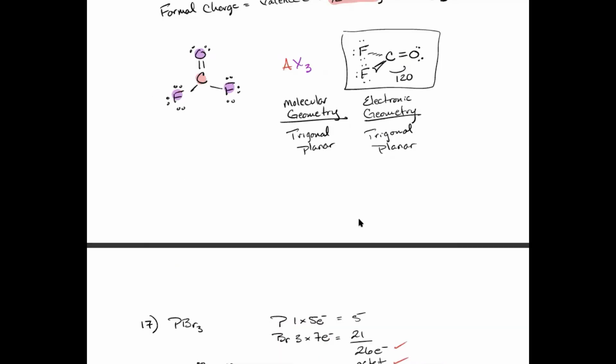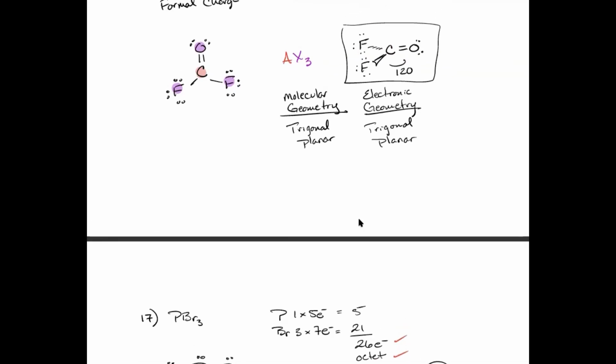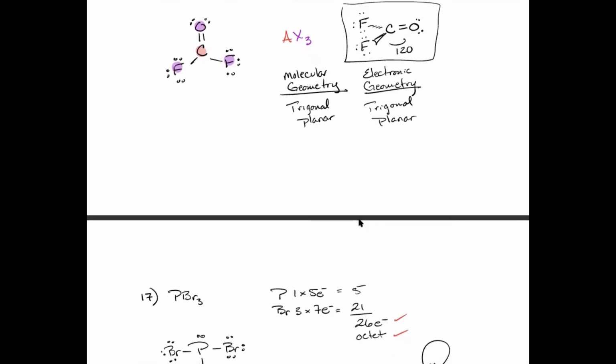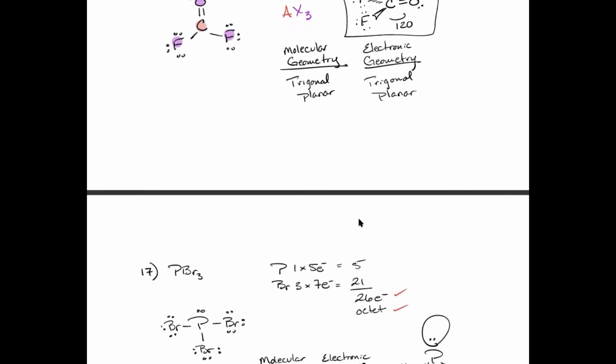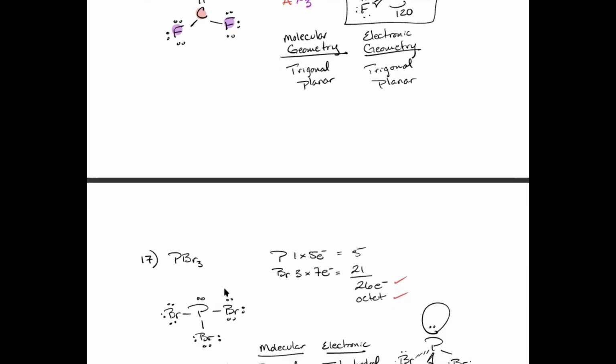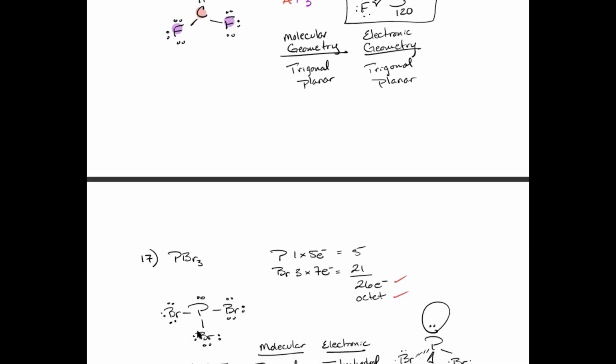How about PBr3? We'll say, okay, I got 3 atoms outside. Is it trigonal planar? Okay, let's look at the Lewis structure. It's bent? Well, I have 3 atoms. Can I have bent with 3 atoms? Oh, no, it's 2. So let's try to assign it. The phosphorus is the central atom. How many outside atoms do I have? 3.